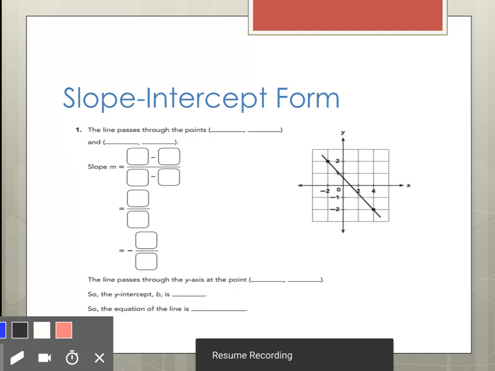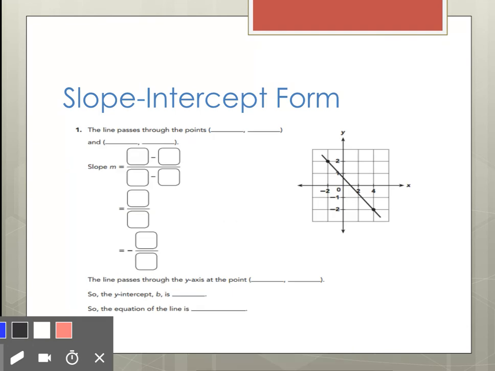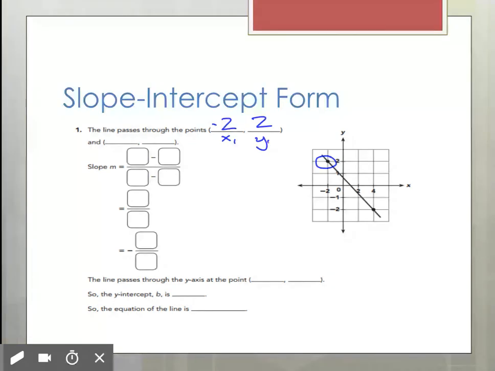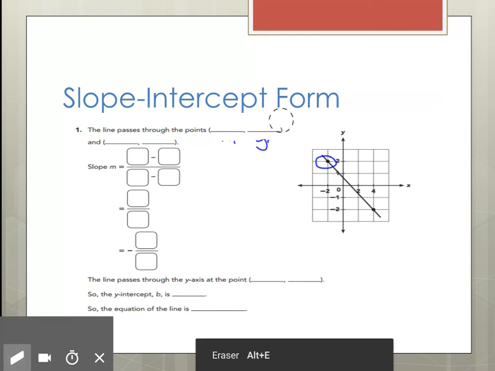So let's do number 1 together. Let's first identify our 2 points. Point 1 will be negative 2, positive 2. Again, I'm going to label those to make it easier to know where to plug things in. I'm sorry, I did that backwards. Our points are negative 2, positive 2.